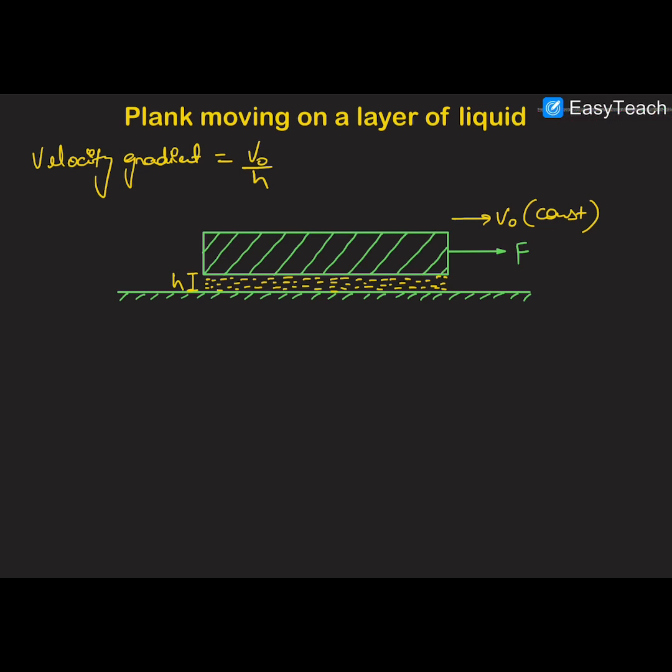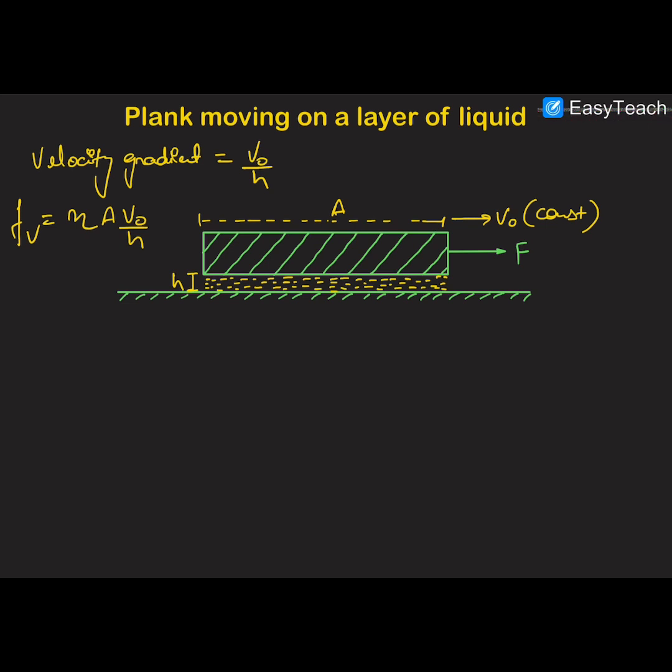Okay, and obviously the viscous force acting will be equal to eta into A, where A is the area of contact of the plank and the oil. So eta A into v naught by h. Okay, and this velocity gradient, area and eta will be constant. So viscous force will be constant in magnitude, and obviously direction will be in the reverse direction.